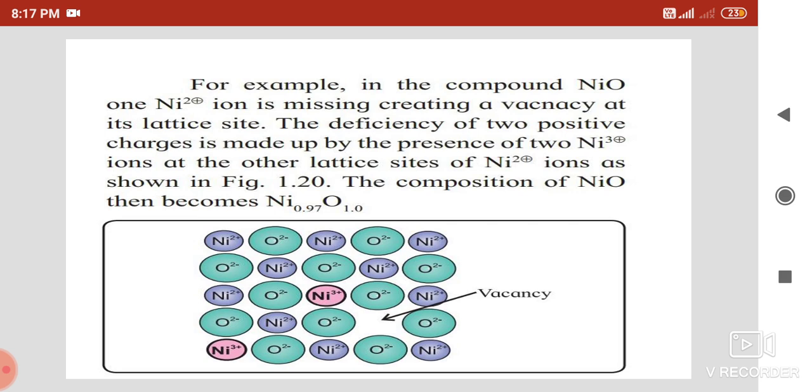Then this deficiency of two positive charges is made up by the presence of two Ni3+ ions at other lattice sites. So the missing Ni2+ ion is balanced by the Ni3+ ions, and the composition of NiO then changes. You can see in the figure.